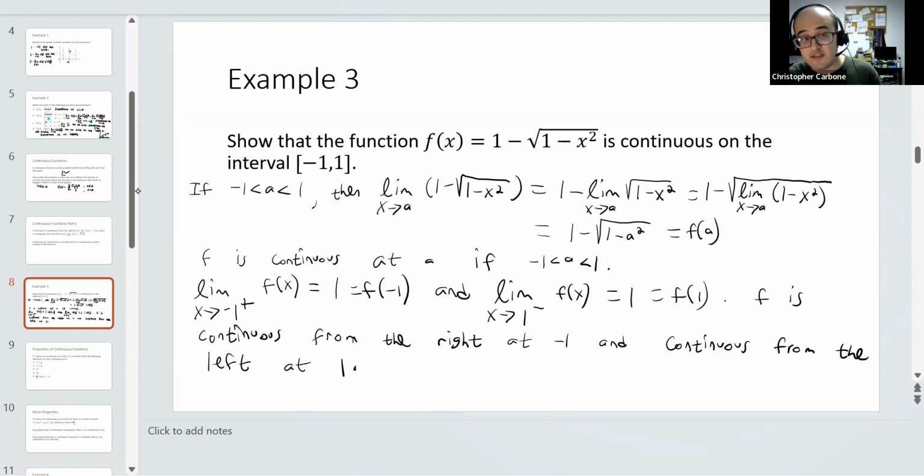So it's continuous either side there up to the endpoints. So because of that, f is continuous over that closed interval, -1 to +1.